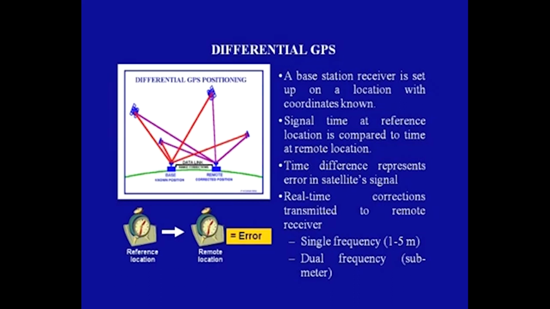Real-time corrections transmitted to the remote receiver may vary upon the type of frequency configurations that we may have. If one is using a single frequency GPS, then the corrections could be of the order of 1 to 5 meters. However, this can be reduced to sub-meter if dual frequency GPSs are being used for differential GPS.